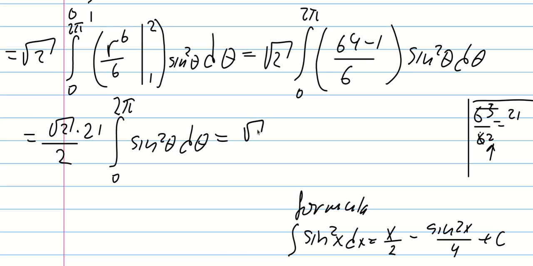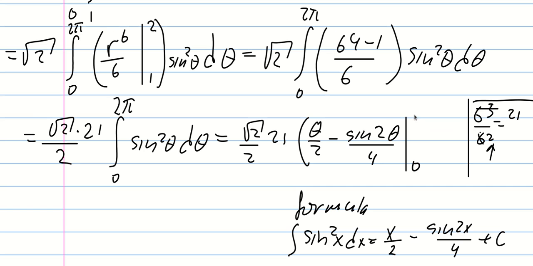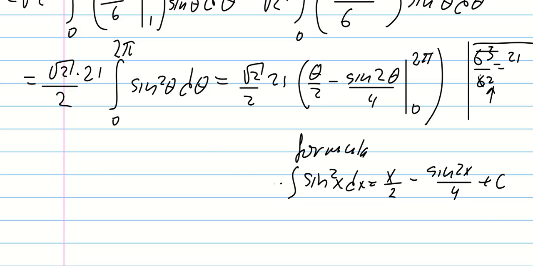So that means square root of 2 over 2, we have a 21, and we have theta over 2 minus sine of 2 theta over 4, evaluated from 0 to 2 pi. And this is the formula that we used for this integration.